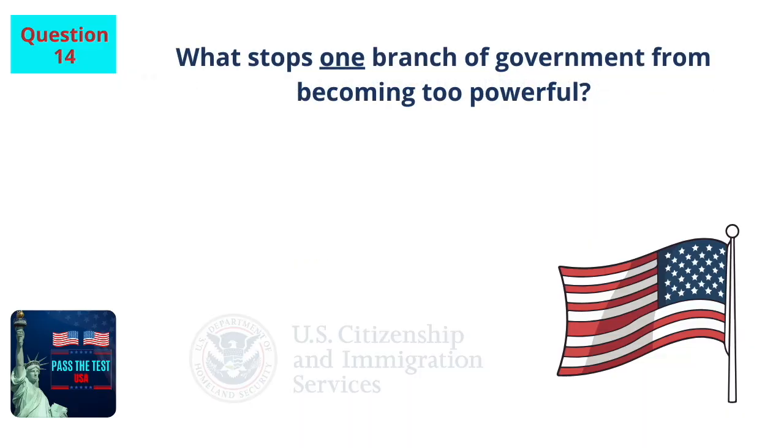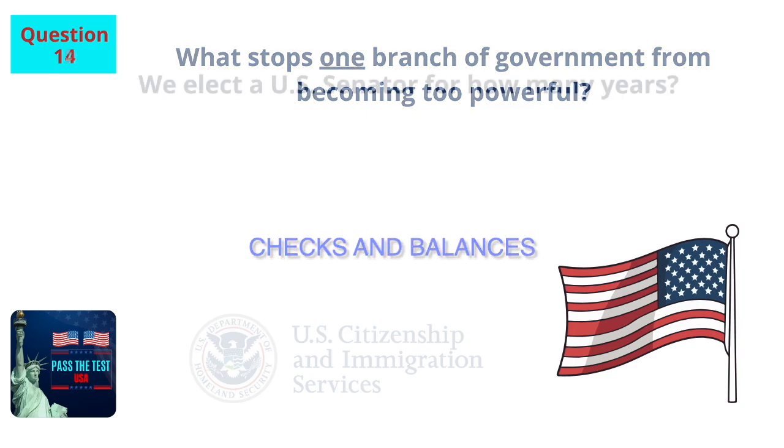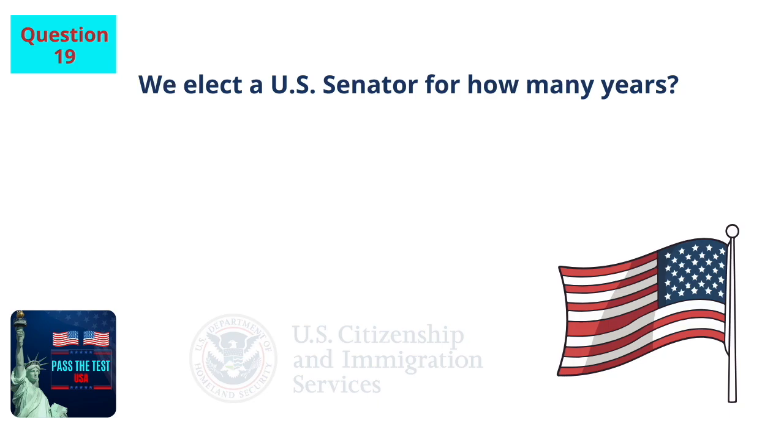What stops one branch of government from becoming too powerful? Checks and balances. We elect a U.S. Senator for how many years? Six.